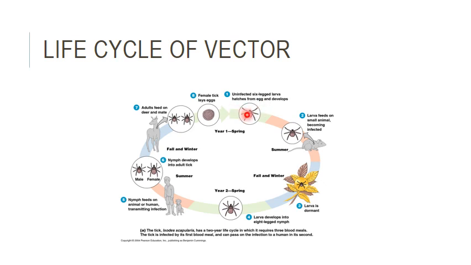Now this larva has to eat, so it eats on warm-blooded animals. Now there's no rule that it has to be a small one, so I would probably disagree with this little picture. The tick doesn't say, well, I'll pass up a deer and I'll only go for a small animal. It just goes for a warm-blooded animal. However, this tick can't move as fast or as far, so it's more likely to get onto a small animal.